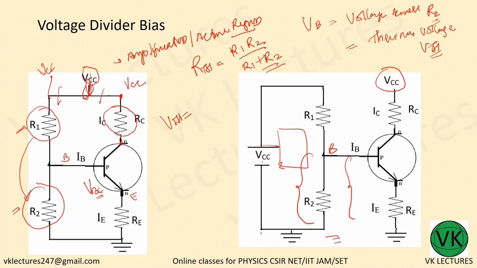VTH is equal to VCC into R2, voltage across R2, divided by R1 plus R2. Now VCC divided by R1 plus R2 is nothing but the current flowing through this loop. Correct?